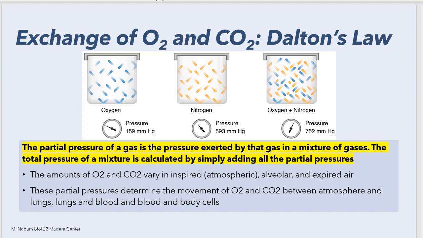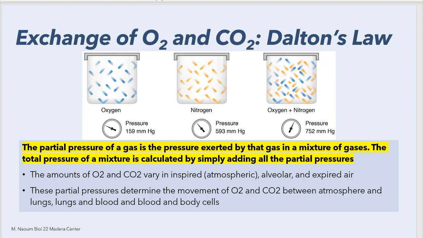But because we've used the term concentration gradient so much, you're probably more familiar with that: substances move from high concentration to low concentration. Similarly, gases move from an area of high pressure to low pressure. With Dalton's law, we're specifically focusing on that pressure difference, and we're looking at the pressure of gases.